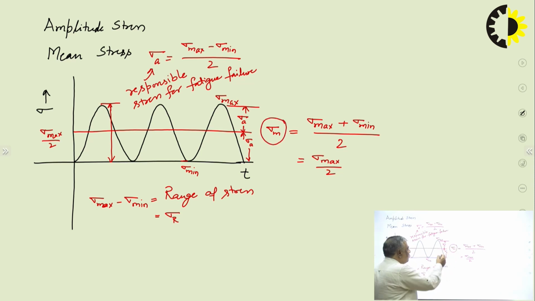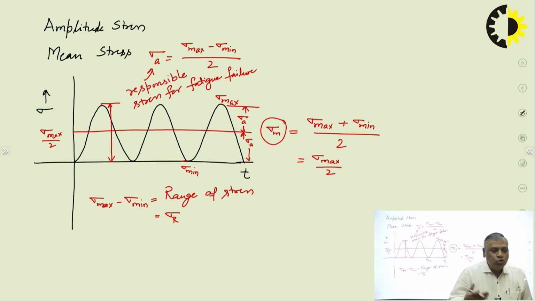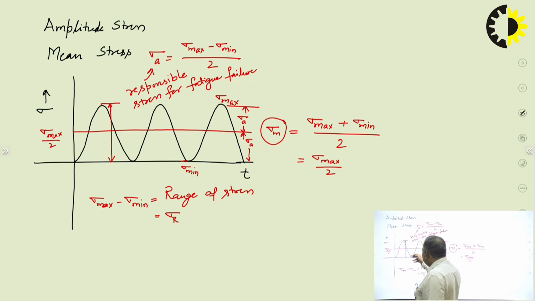If this magnitude of stress we apply on the element, it will induce the same effect as the actual repeated stress induced in the element. That is the mean stress.